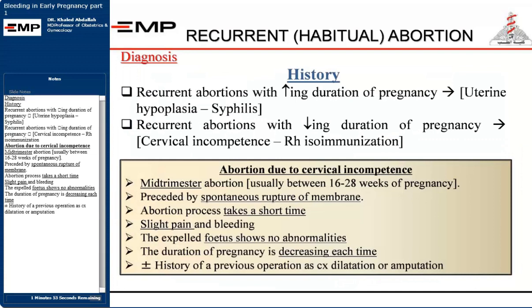Abortion due to cervical incompetence: mid-trimester abortion, usually between 16 to 28 weeks of pregnancy, preceded by spontaneous rupture of membranes. The abortion process takes a short time, with slight pain and bleeding. The expelled fetus shows no abnormalities. The duration of pregnancy is decreasing each time. Plus or minus history of a previous operation such as cervical dilatation or amputation.